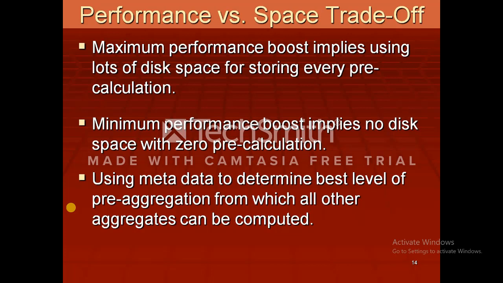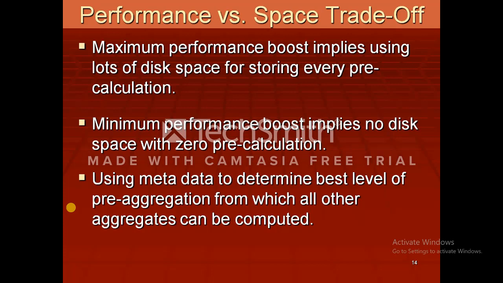Again, if you do not understand coarser granularity, coarser granularity is storing less detailed information in a summary table. An example is that the sales of a product or products on a daily basis is more detailed information.